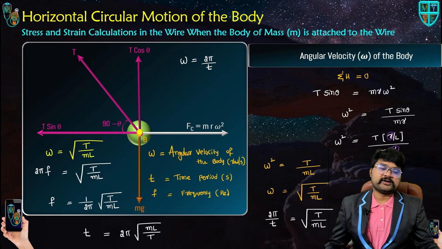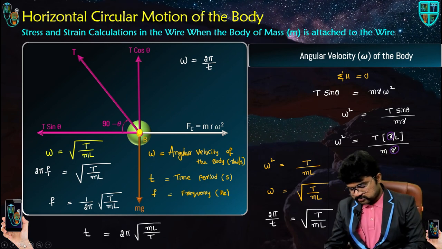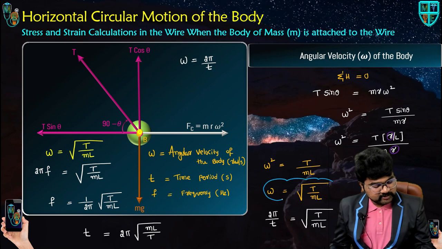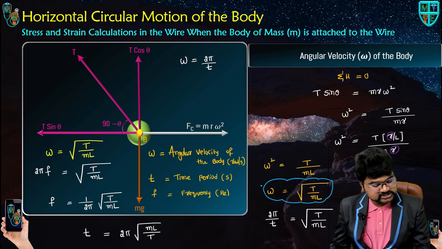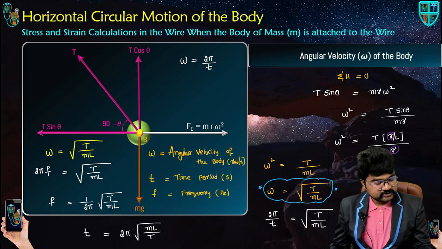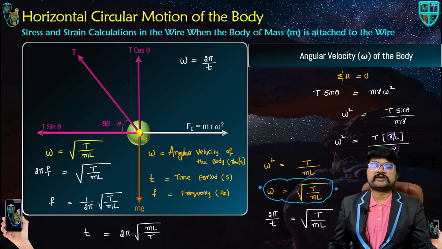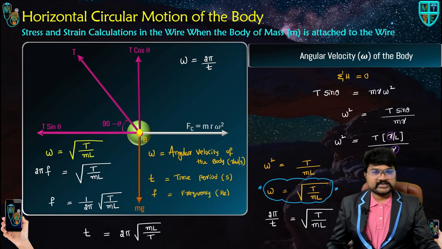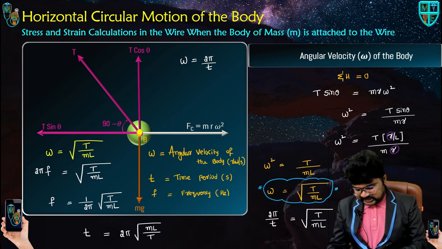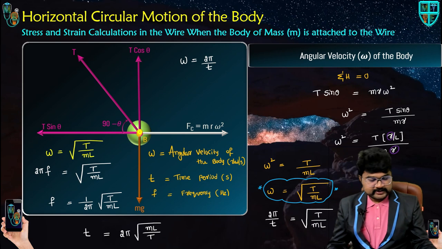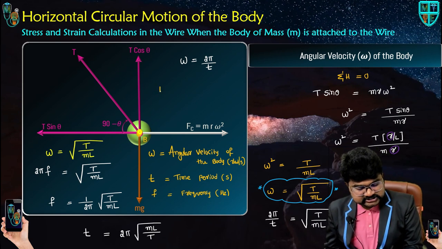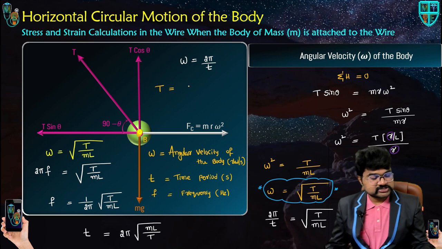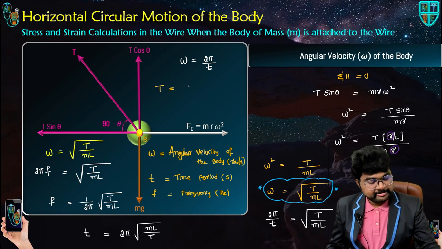The important expressions while solving problems are the angular velocity of the body, which is in horizontal circular motion, and the tension in the string, T. What is the tension in the string? How much is obtained? Tell me.